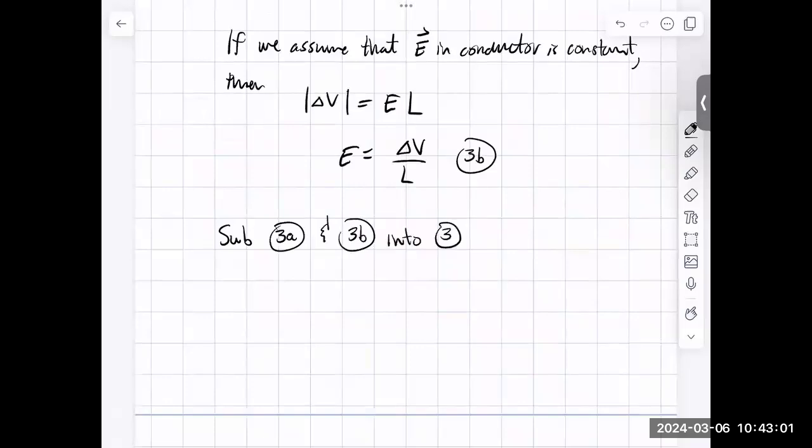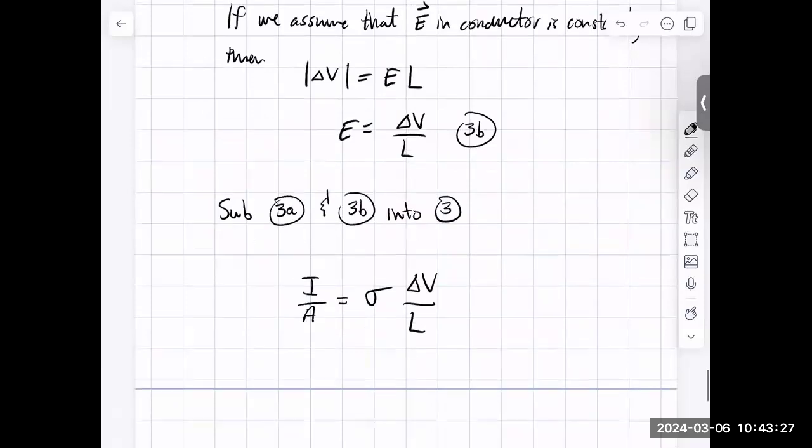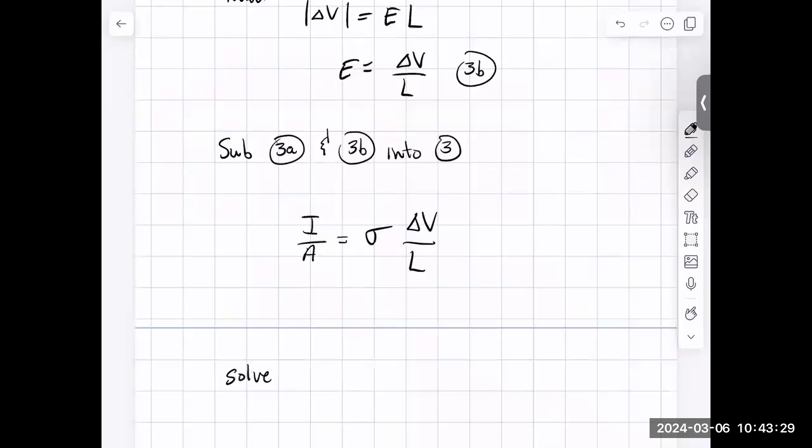So 3 was J, which we're going to write as I over A is equal to sigma times E. And for E, we'll write this as delta V divided by L. Okay. What we'll do is we'll solve for delta V, the voltage across the wire. So let's solve for delta V, which is the voltage across the wire.